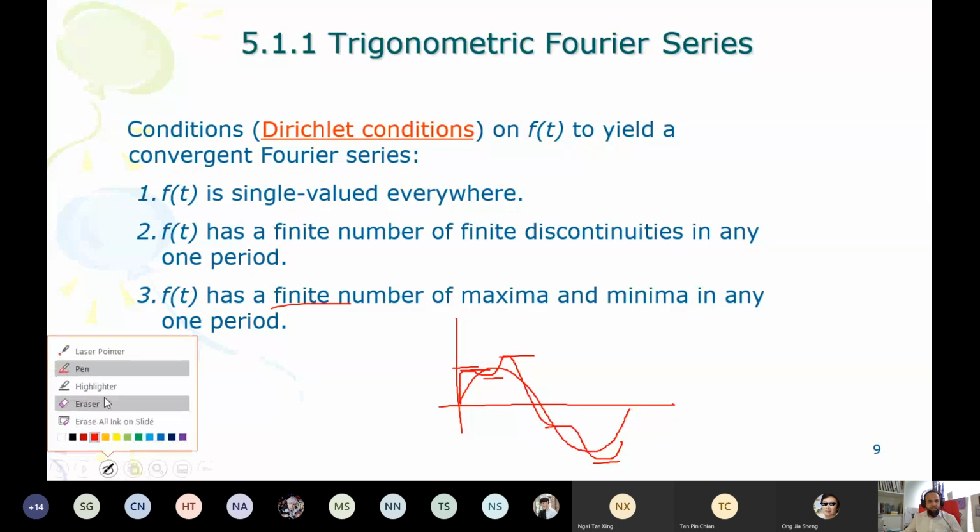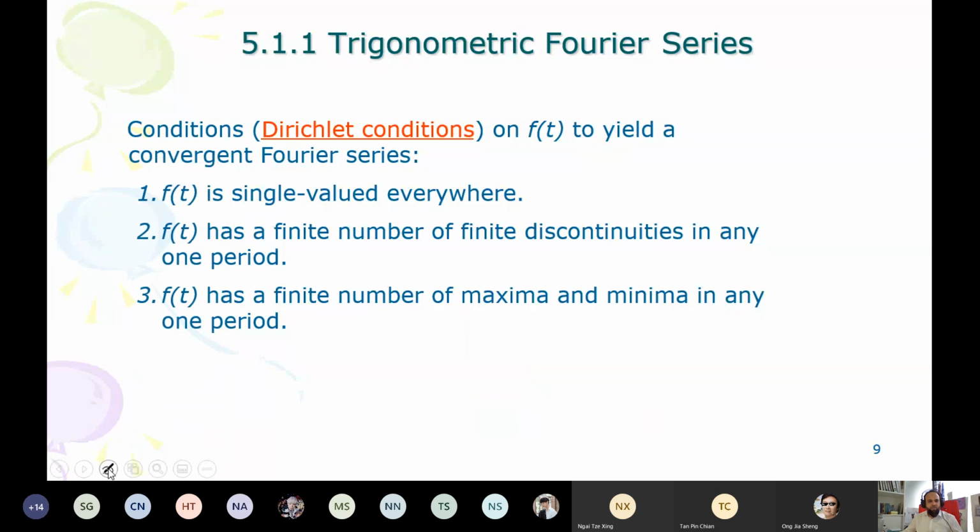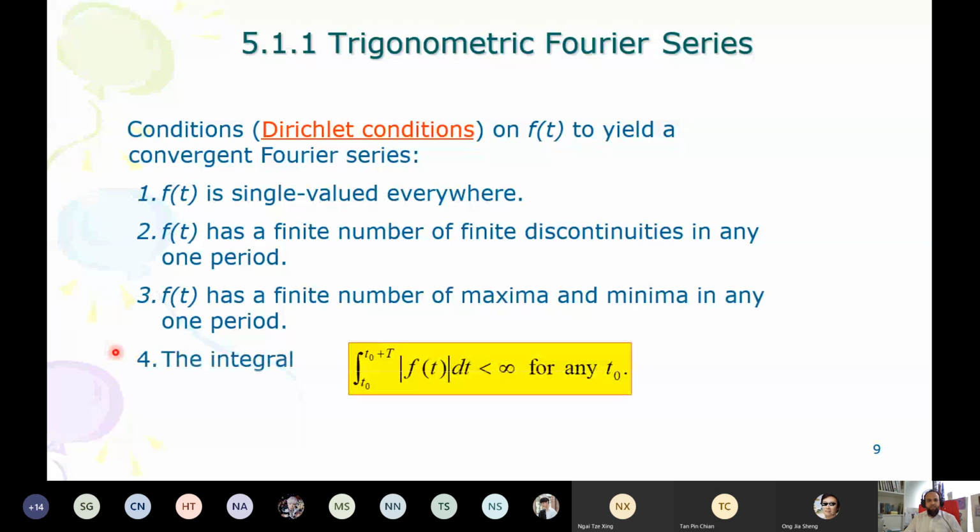Again, this is just a condition that we need in order to find the Fourier series. And finally, the integral should be bounded, because eventually we are going to do the integration. It should be a number, not a very big number or infinity.